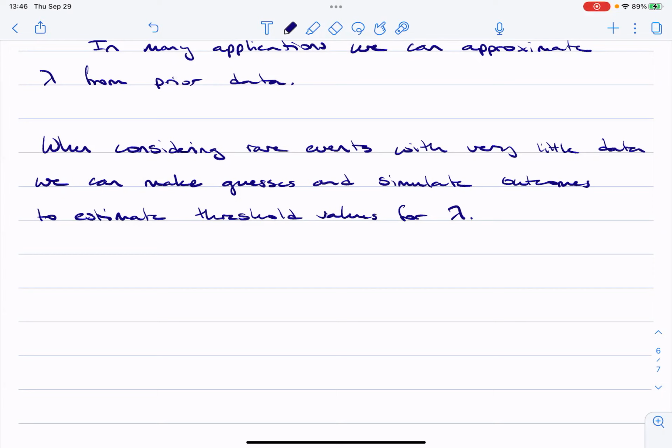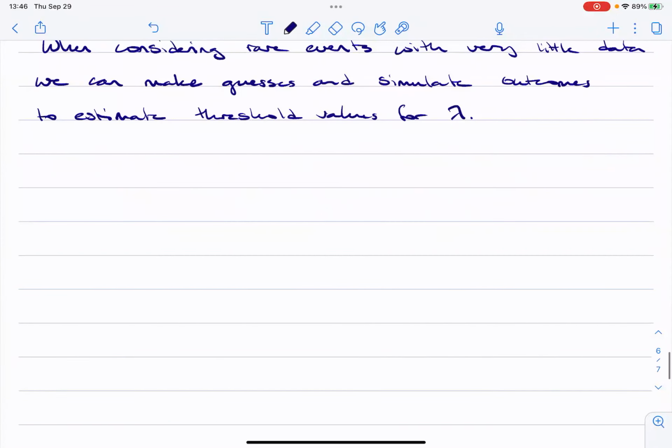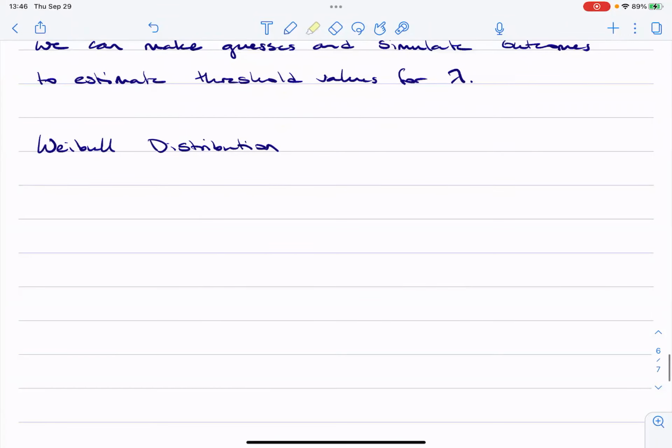So that's useful, though it makes it harder to deal with, right? But let's just talk about it here. Later on we'll remember it exists, the Weibull distribution, but we don't need to remember exactly what it is.